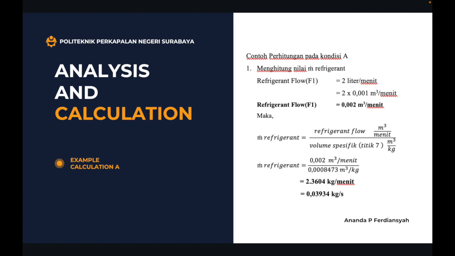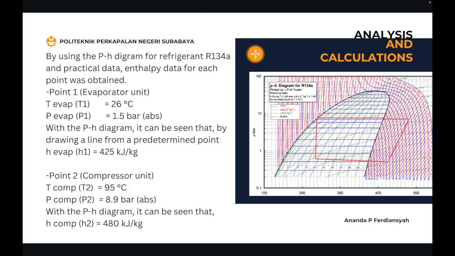We find the specific volume is 0.7, and we get the following result: 0.039340 kg per second. And by using the P-h diagram for refrigerant R134a and practical data, enthalpy data for each point was obtained.